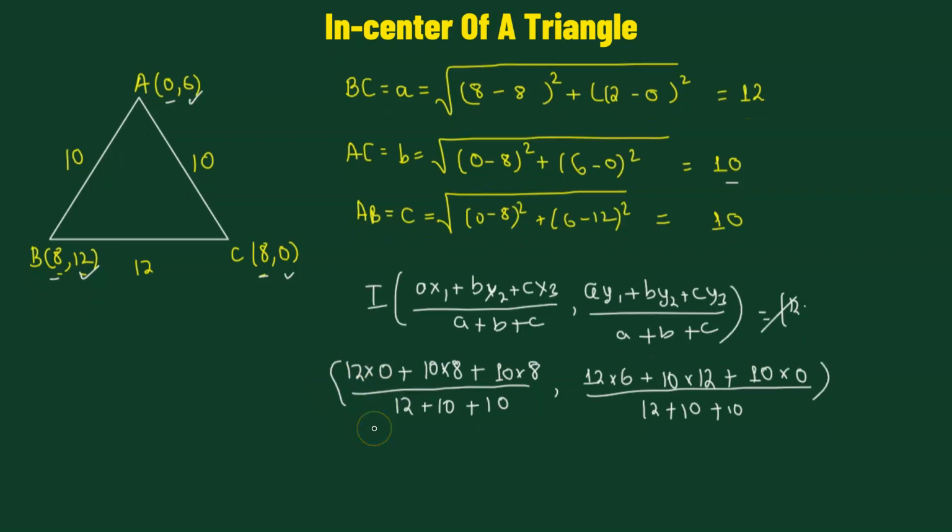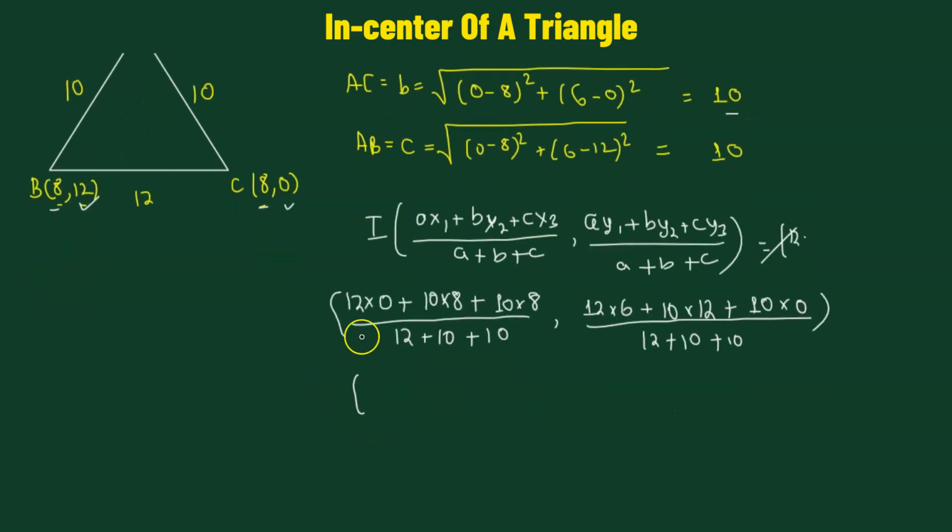So let's simplify this value, and we are going to get, so we have 12 times 0, that's 0. 10 times 8, that's 80. 80 plus 80, that's going to be 160. Divided by 12 plus 20, that's going to be 32. Then in the numerator, for the y coordinate, we have 12 times 6, that's 72. So 72 added to 10 times 12, so that's going to be 120. So this gives us a value 192.